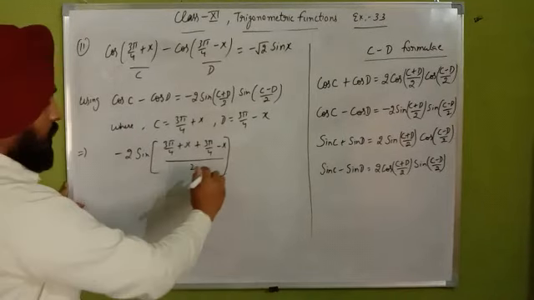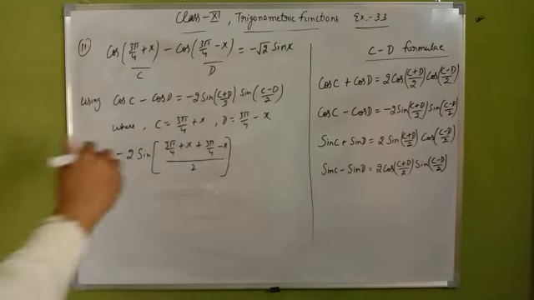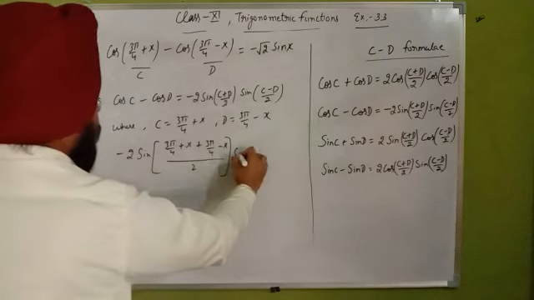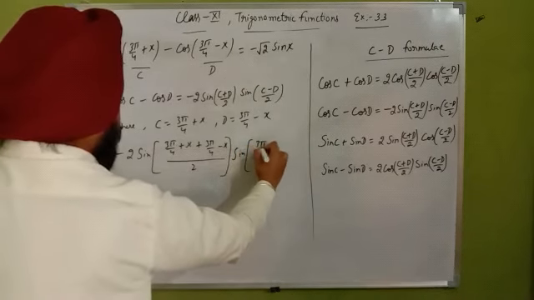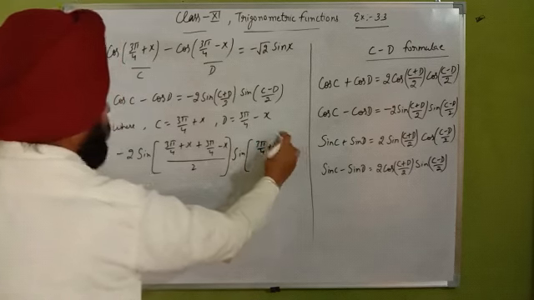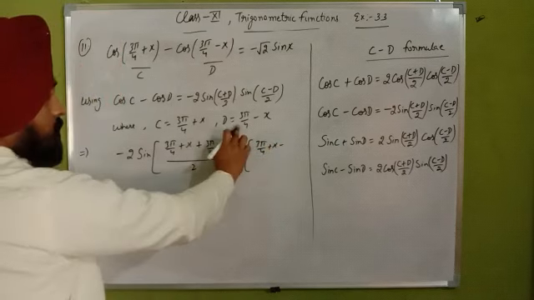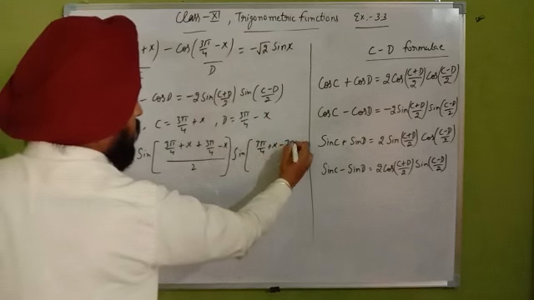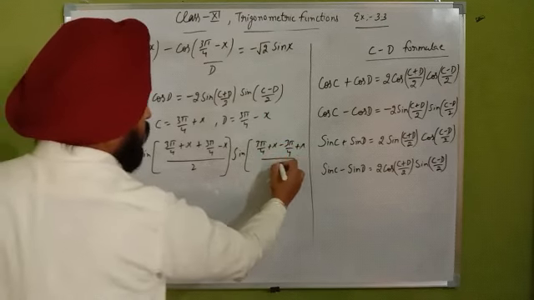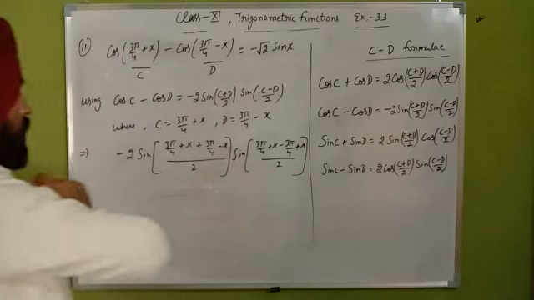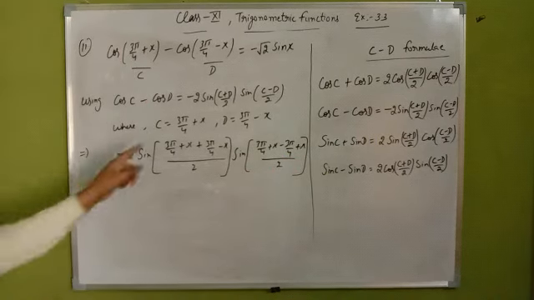Clear? Into sine of C minus D. So right there 3 pi by 4 plus x minus, so use negative, minus 3 pi by 4, minus minus will become positive x there, upon 2 here. Understood?